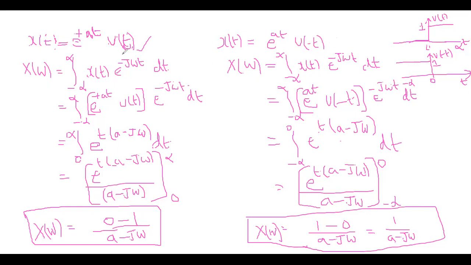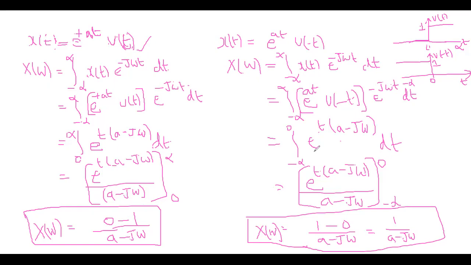It is also single-sided, and this is also single-sided, but it is for positive values of t, and this is the negative values of the t function. E power at and e power at both are exponentially rising functions, in negative values of t and in positive values of t. 1 by a minus j omega, and this one is minus 1 by a minus j omega.